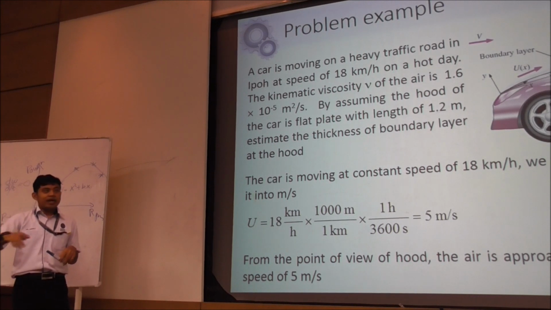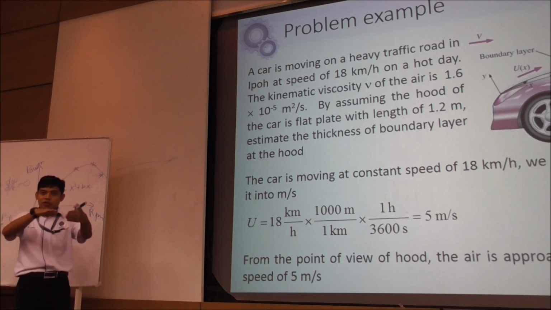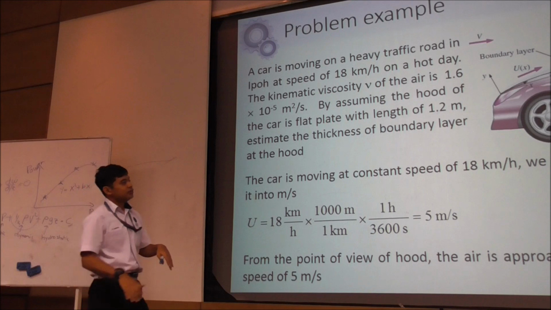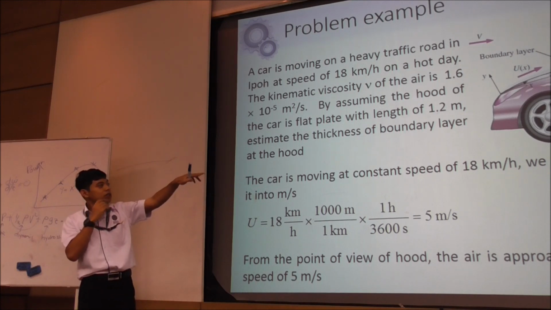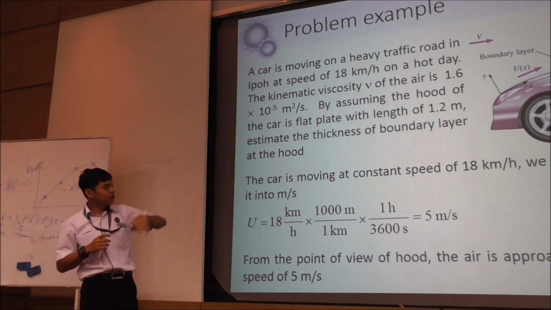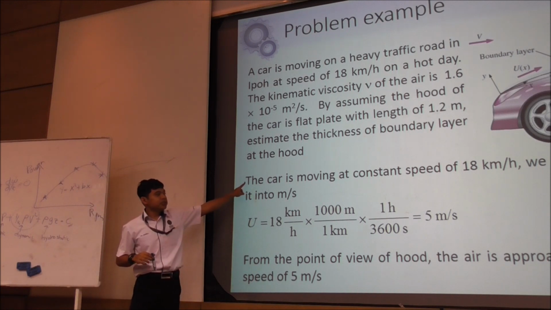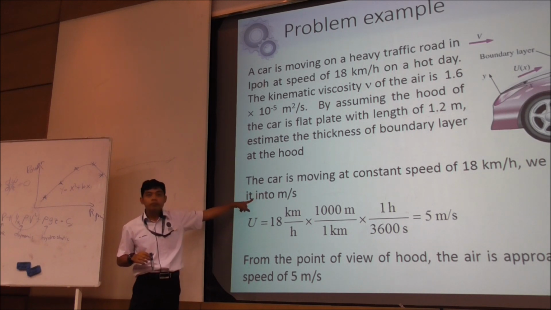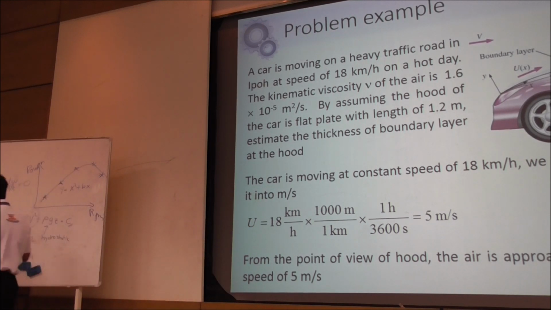Basically I should not put that, but put the old Saga. The old Saga has a flat bonnet, so I can put that there, then it will be better. So now you need to change the speed from kilometer per hour into meter per second. You do that, you get your U is 5 meter per second.